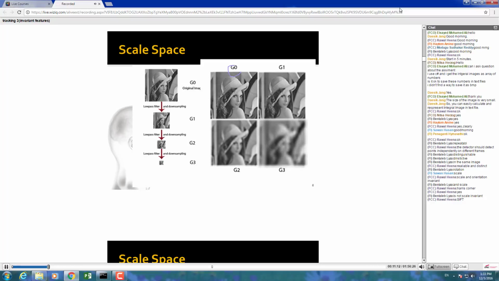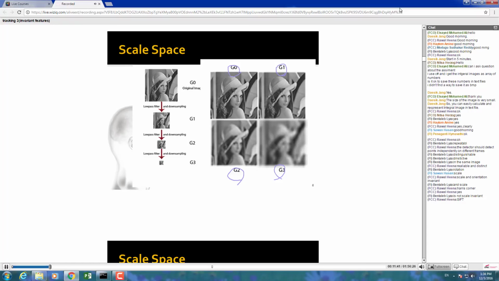From G0, the original image, G1 is Gaussian blurred, G2 is Gaussian smoothed once more, and G3 more. As a result of Gaussian smoothing, some information is smoothed and we lose some details.